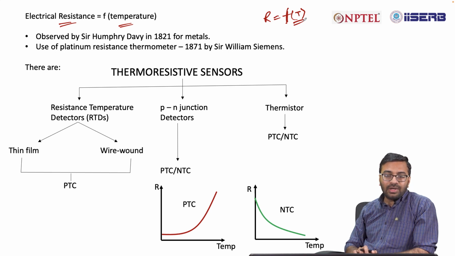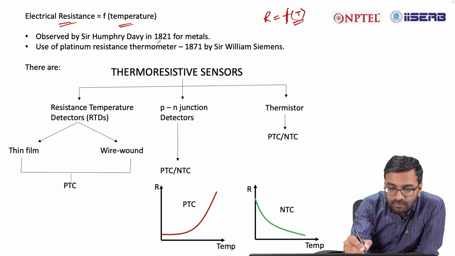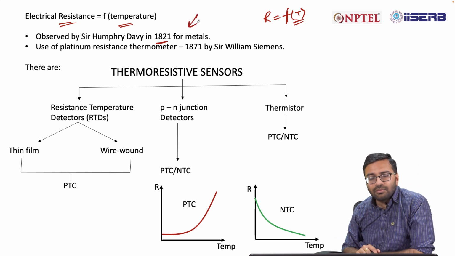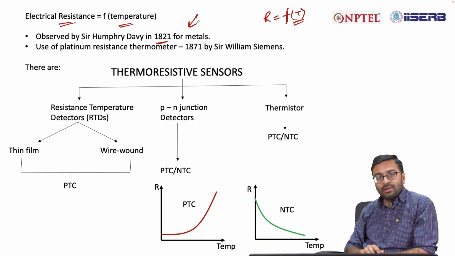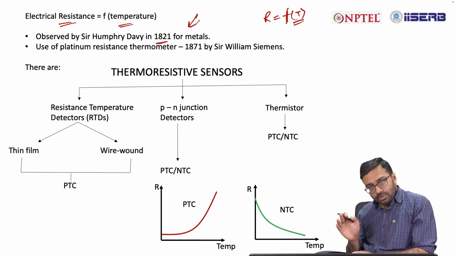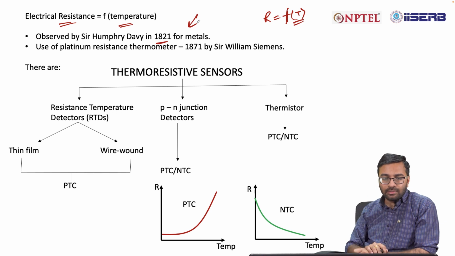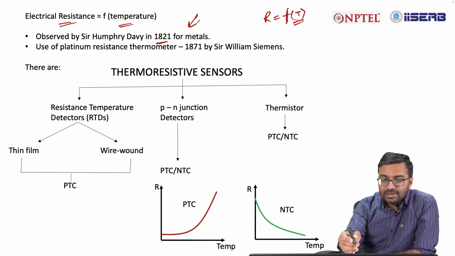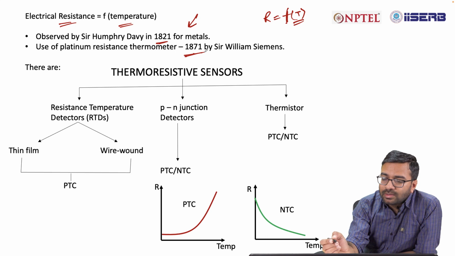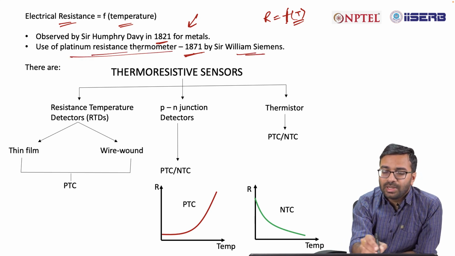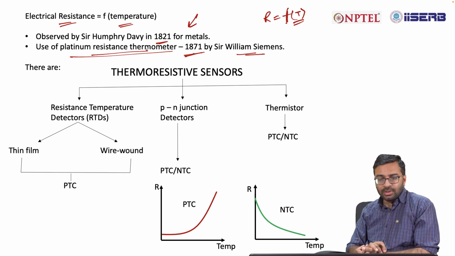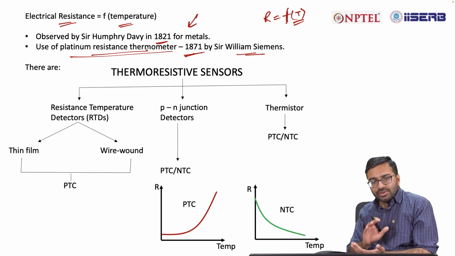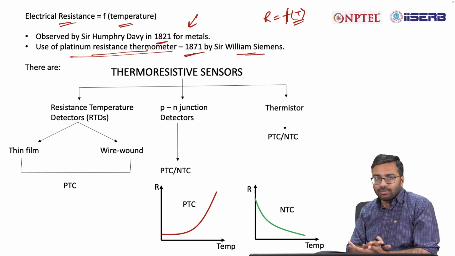Now, Sir Humphry Davy first observed this type of behavior for metals in 1821. So, it is like an observation long before. Then in 1871, Sir William Siemens used a platinum resistance thermometer for temperature sensing application. So, the temperature sensing concept is not something that is very new.